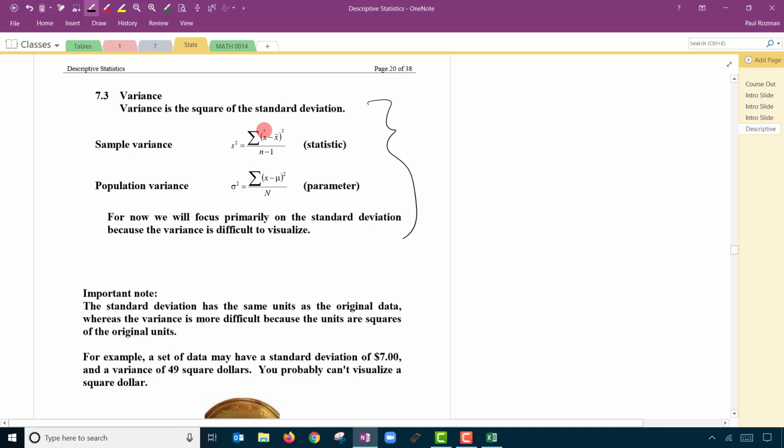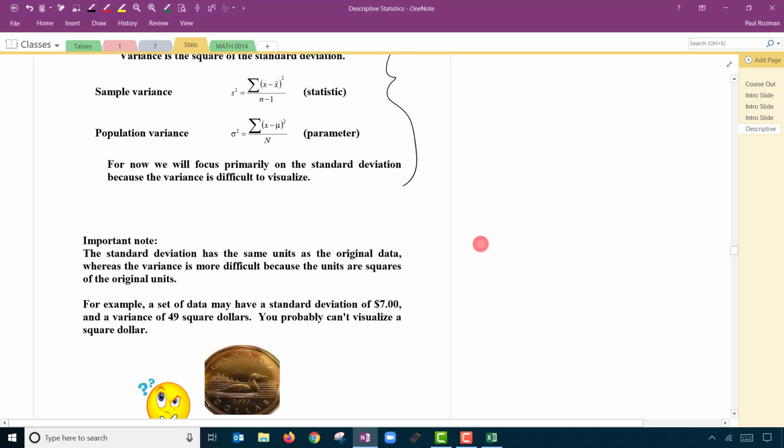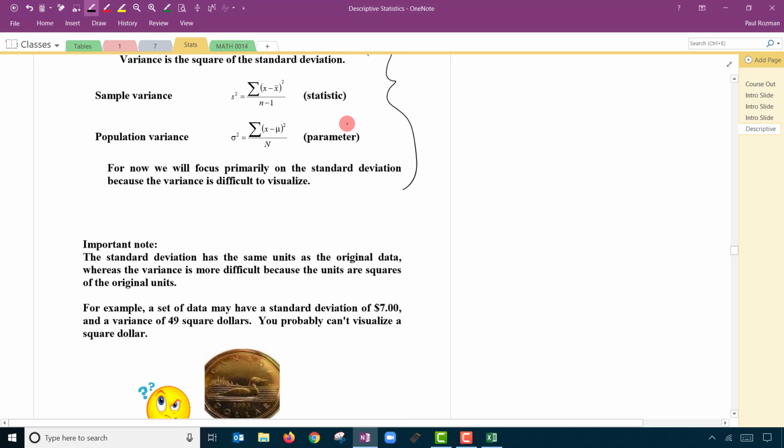There are theoretical reasons why we would prefer to work with this in theoretical situations, but we'll mostly deal with standard deviation, primarily because variance messes up the units. The units of standard deviation are the units of the data, same with the mean. But when you don't take the square root, you end up with squared units.